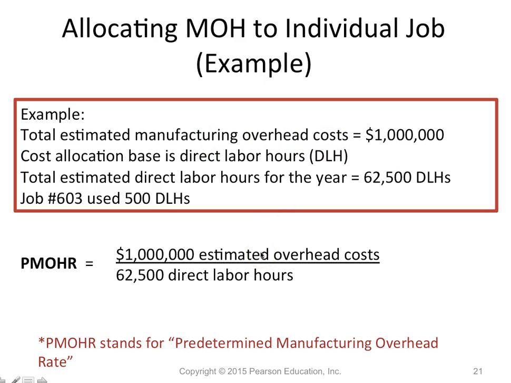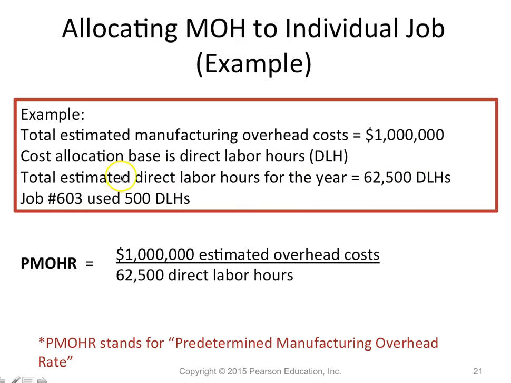Overhead can be many things, but it's not directly allocated as direct labor or direct materials, DM. So $1 million estimated overhead divided by 62,500 direct labor hours.